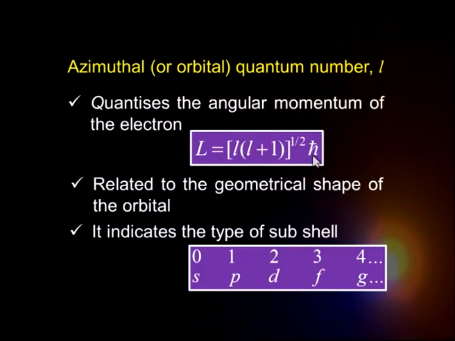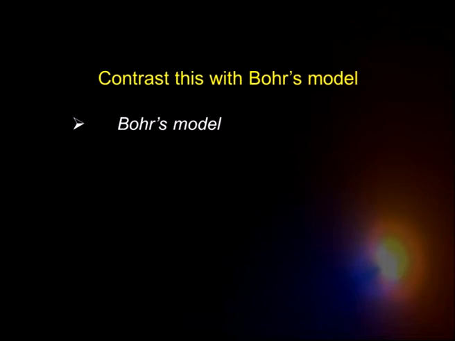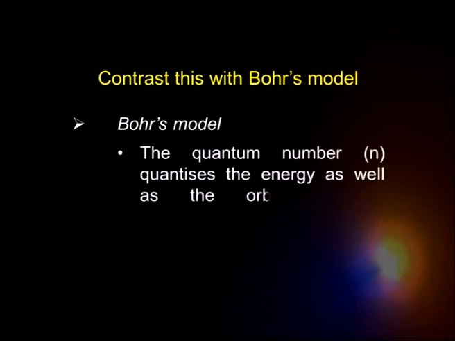Now what does this mean? This is a very significant thing again. Let's try to see. If you recall Bohr's model, we had only one quantum number n, and that quantum number was quantizing the energy as well as the angular momentum, because you remember that E was equal to h nu, that is the quantization of energy, and our L was equal to nh by 2 pi.